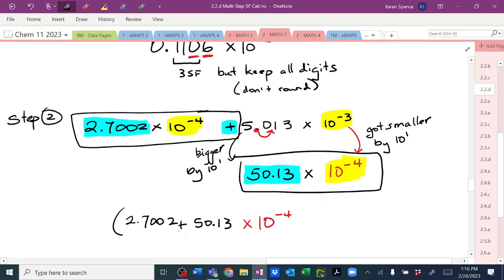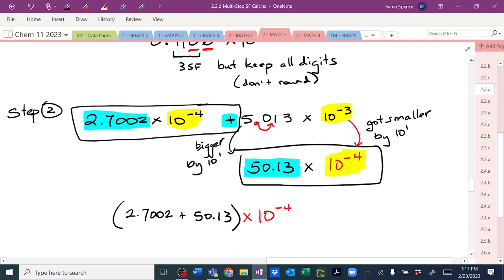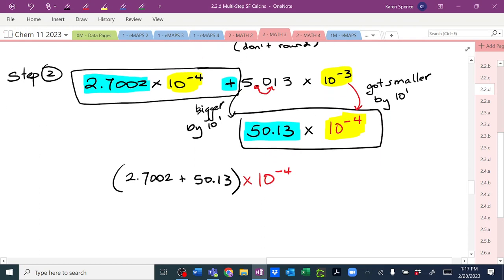I'll rewrite that plus, it looks a little funky. There we go. All right, and we get 2.7002 plus 50.13 equals 52.8302 times 10 to the negative 4.